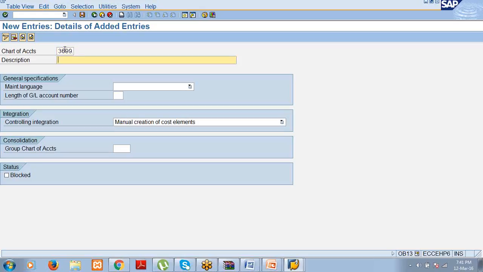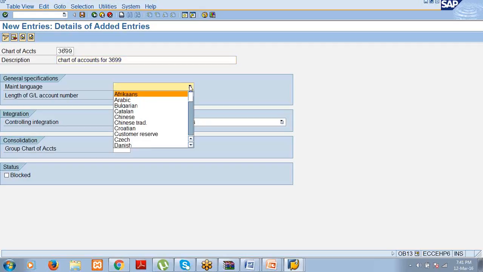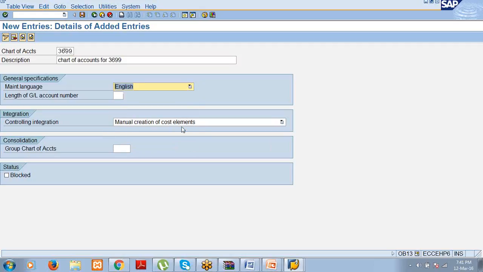Chart of accounts is equal to 3699. Description is equal to chart of accounts for 3699. Maintenance language is equal to, select English.